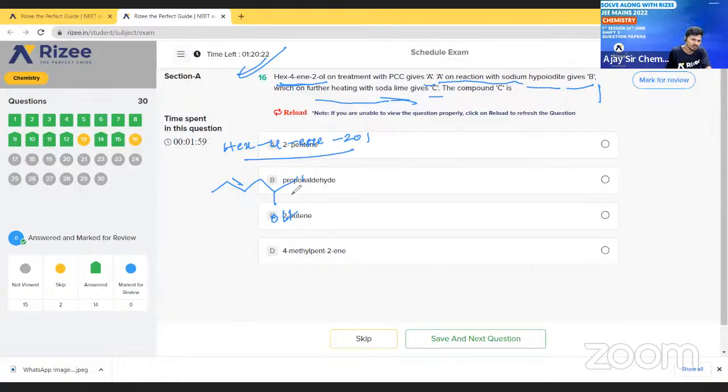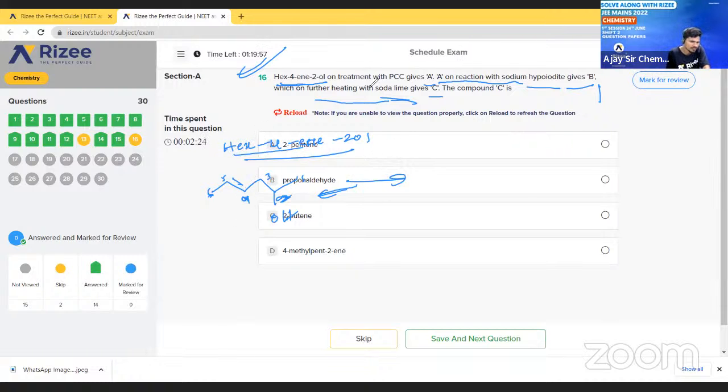Counting 1, 2, 3, 4, 5 and 6, six carbons means hexene. We have to count from this side, based on IUPAC nomenclature. So here 2-ol, at the fourth place the ene group is there, and the OL group is there. So this is hex-4-en-2-ol.